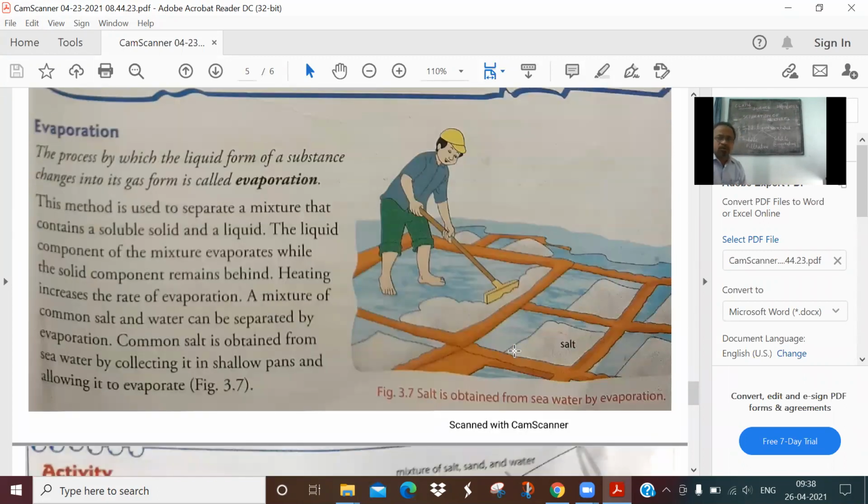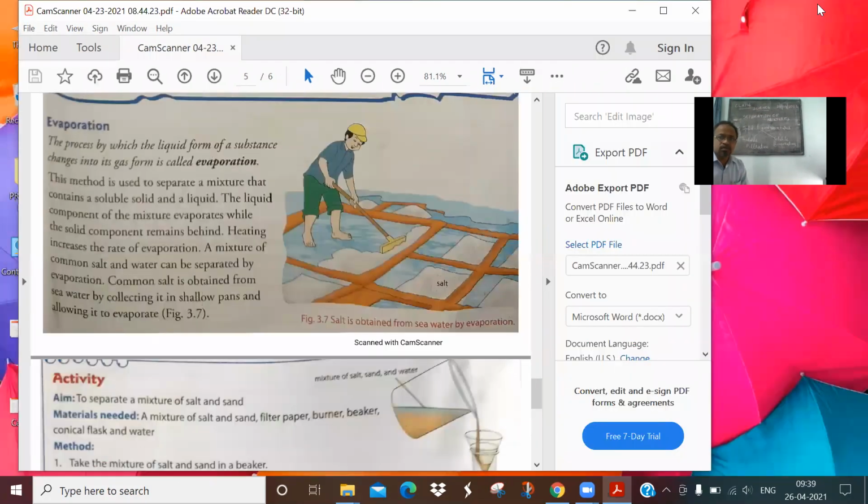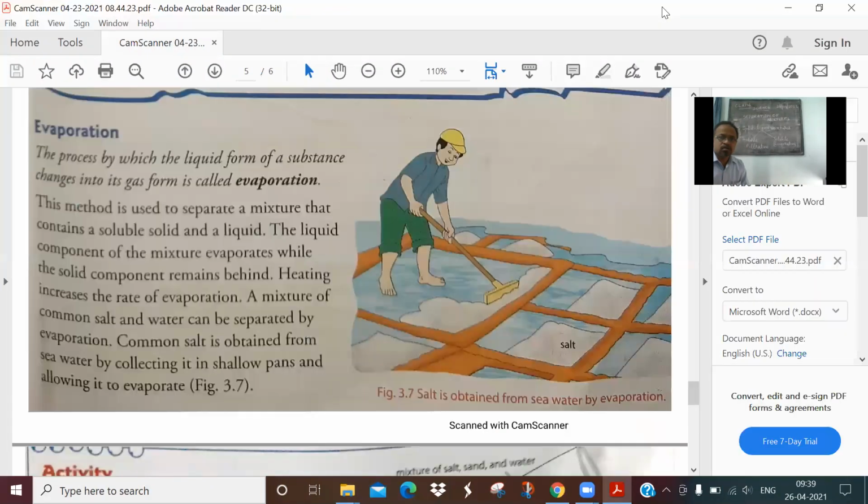Okay, look into the screen, children. We were discussing the evaporation method for the separation of a soluble solid from a liquid-solid mixture. Not insoluble; insoluble solids cannot be separated by this method.